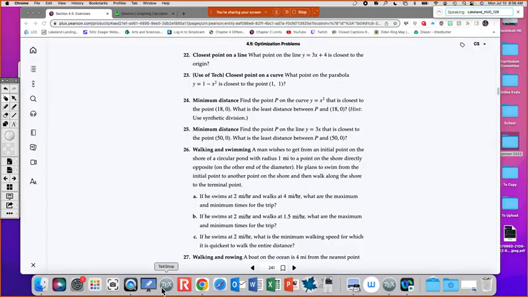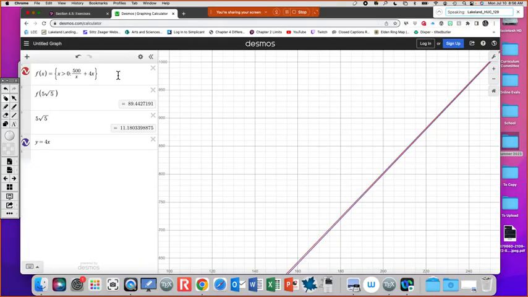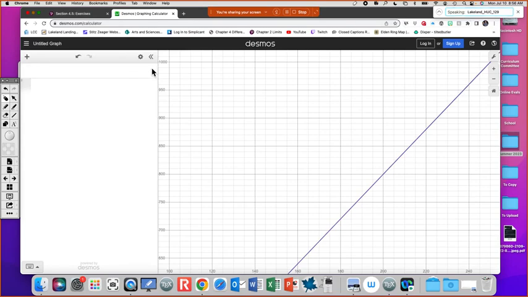So as far as Desmos, I want to point something out to you here. I'm going to check this a different way. Let's actually put that line in, 4x plus 3.